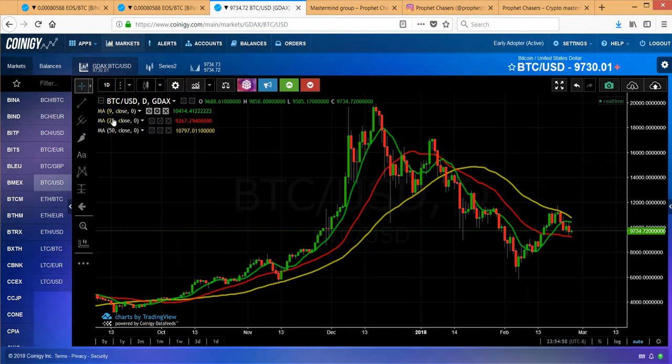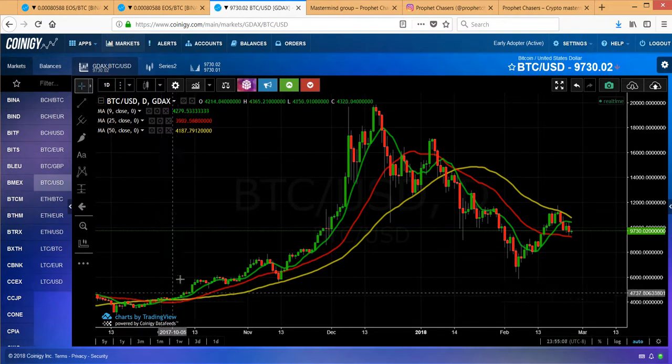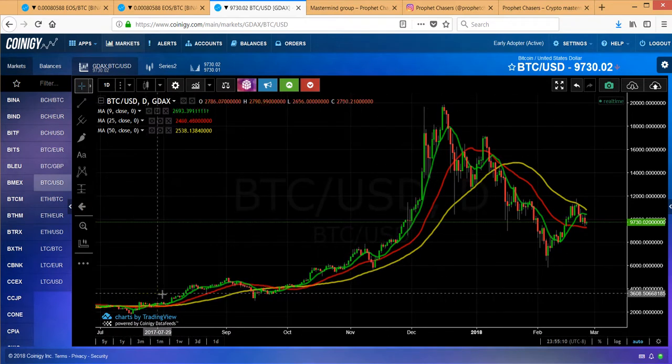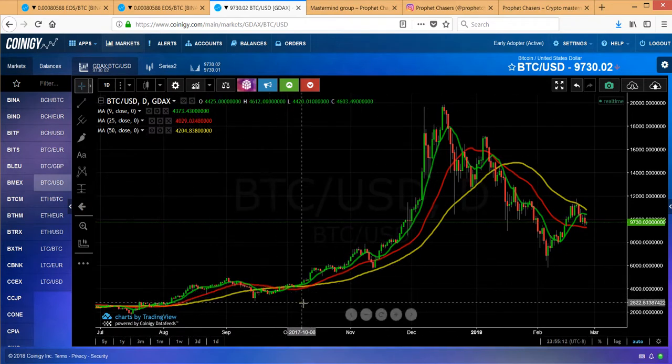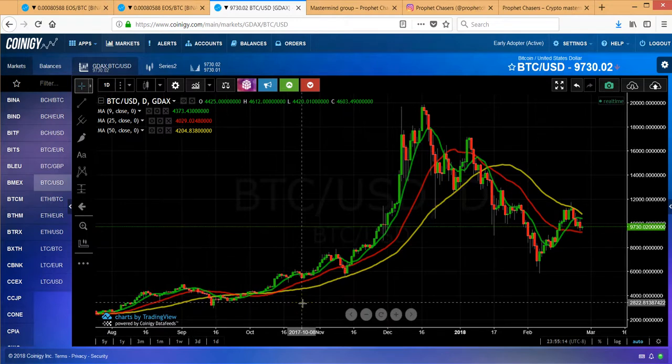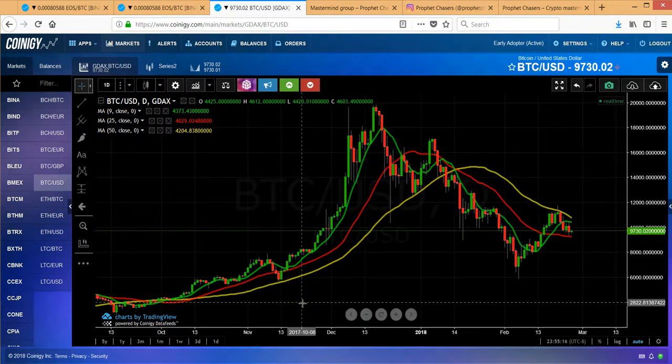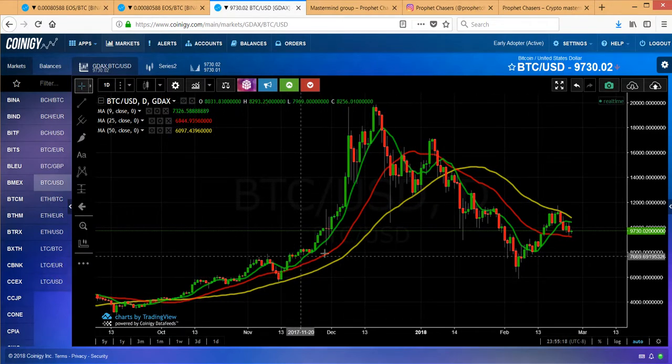I have 9, 25, and 50 on here. No particular reason. It's pretty standard. So you see, after a little bit of consolidation, in September, it crosses over and it starts making a nice bull run. So we go for the bull run.